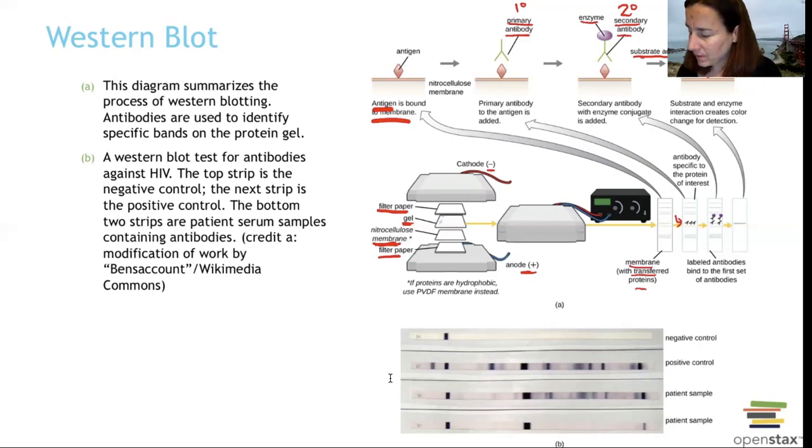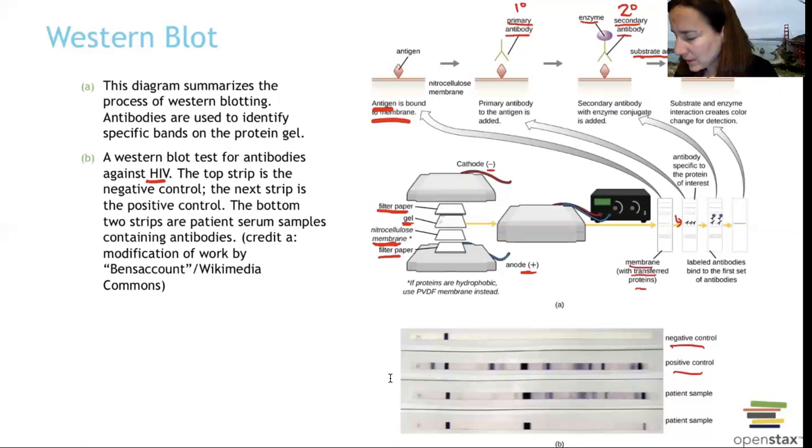Examples of protein tests. This is an HIV test in the bottom. And so we have our negative strip and a positive strip. I didn't get a whole lot of explanation in the textbook, so I consulted Dr. Google.